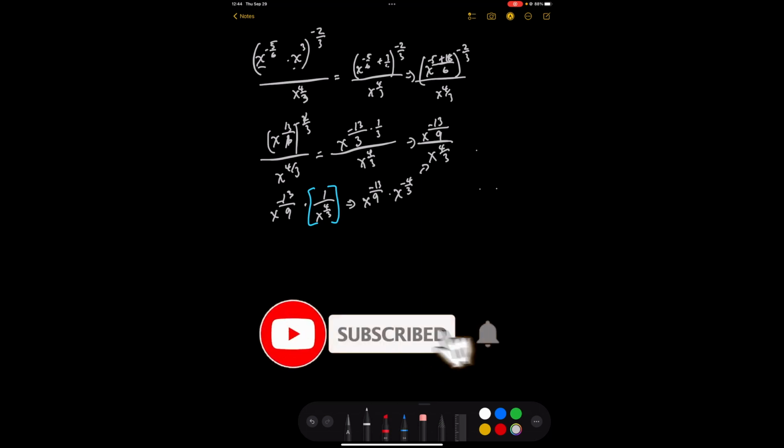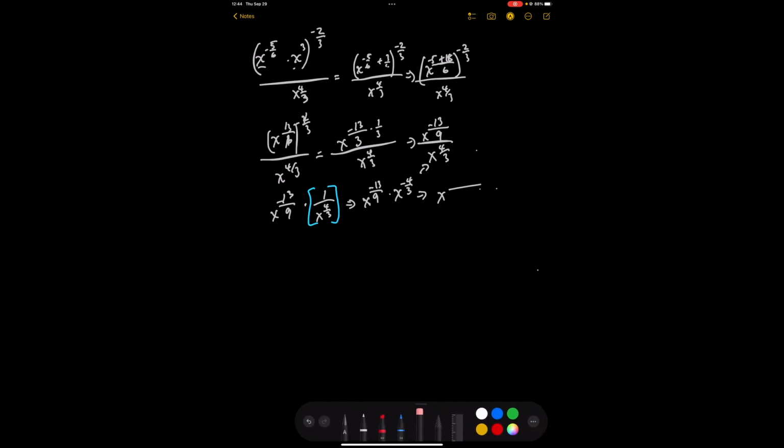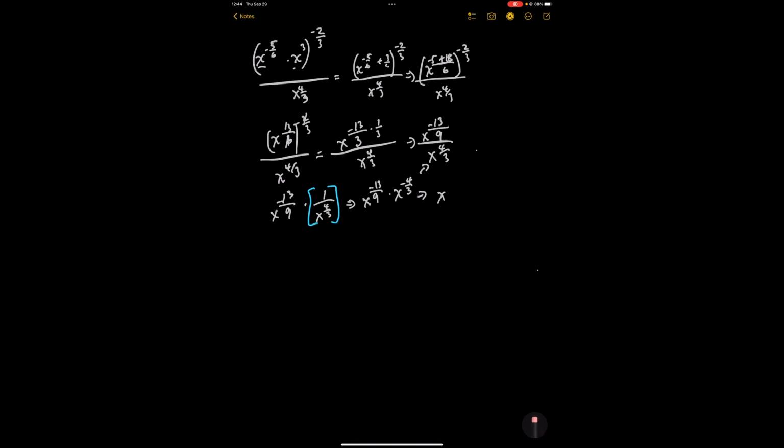So we have negative 13 over 9 and 4/3. We have a 9 and a 3. Again, I can write this as one exponential fraction because they have the same base. So I can just do negative 13/9 minus 4/3 like that. But because they have different denominators, we again have to find the LCM. The LCM for 9 and 3 is going to be 9.